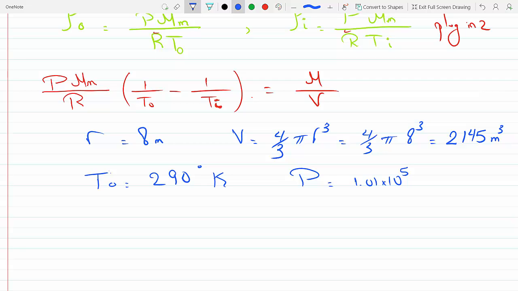Yeah, 10 to the 5, that's in pascals, and the R is the universal gas constant. That's 8.31. The units on that are joules per mole Kelvin.